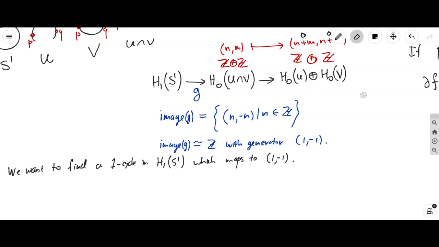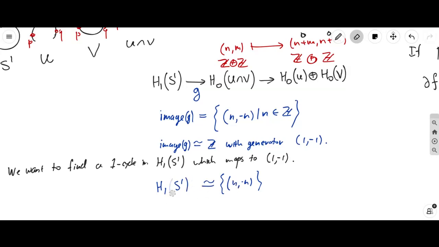Because H1 of S1 is isomorphic to Z. More specifically, the image of G in the subgroup is isomorphic to it, and that's the generator.